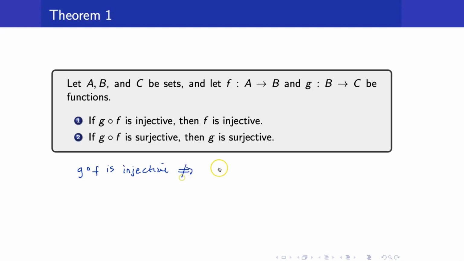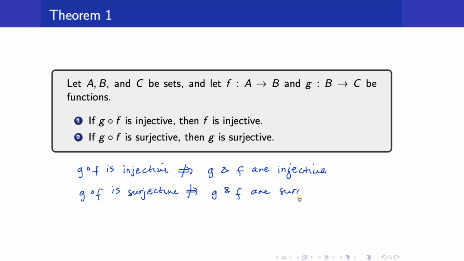Take note that it is not true that both g and f are injective. The theorem says that only the first function applied will be injective. Similarly, if g circle f is surjective, it doesn't imply that the components g and f are both surjective. We only know that the second function applied will be surjective.